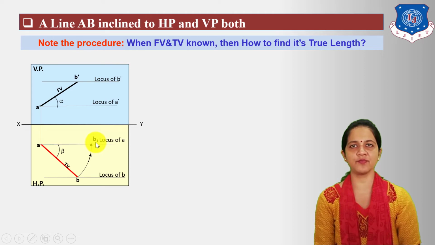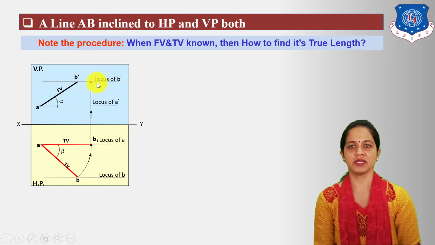Mark here B1 point. AB1 indicates the horizontal component of top view. Next, take vertical projection up to the locus of B dash in front view and mark here B1 dash point. Connect A dash B1 dash, which indicates true length in front view at an angle theta.